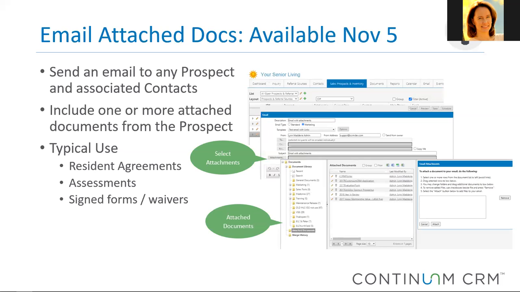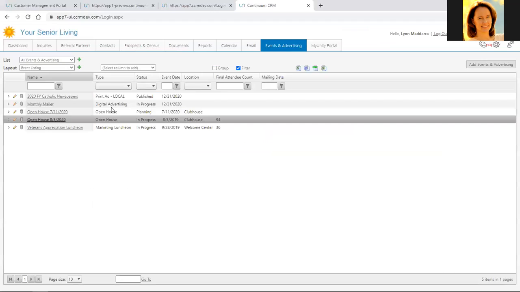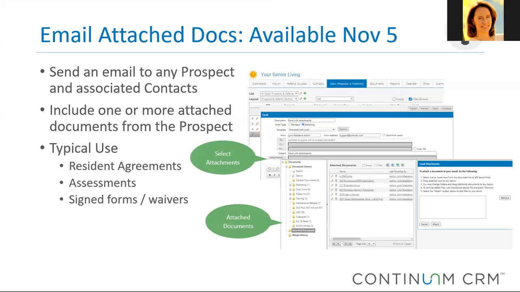Okay, so let me go and pull that up in a live walkthrough here. Let me figure out which one I am. Here we go. I'm going to pull up my Lynn Madeira prospect here.